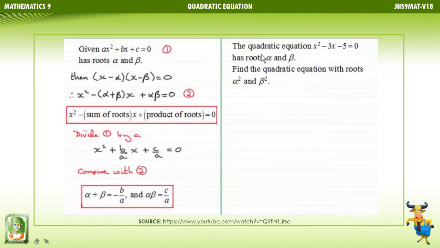Now, here I have a typical kind of question you're likely to get based on these results. We have the quadratic equation x squared minus 3x minus 5 equals 0 has roots alpha and beta. And we've got to find the quadratic equation with roots alpha squared and beta squared.